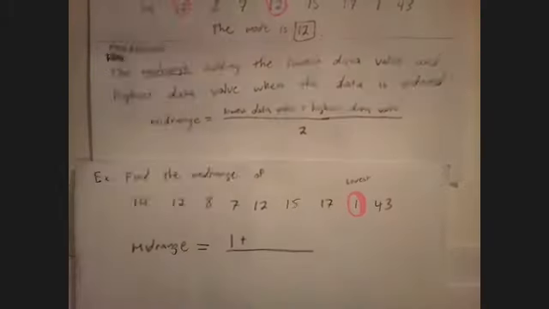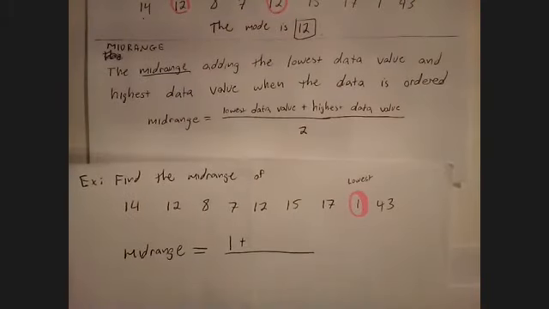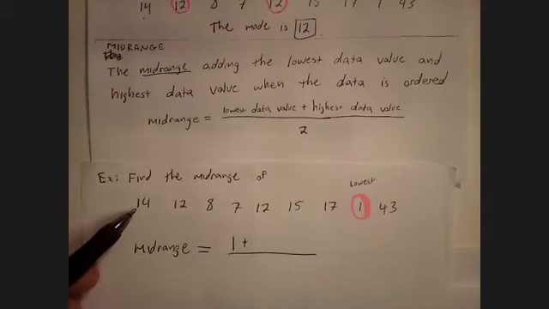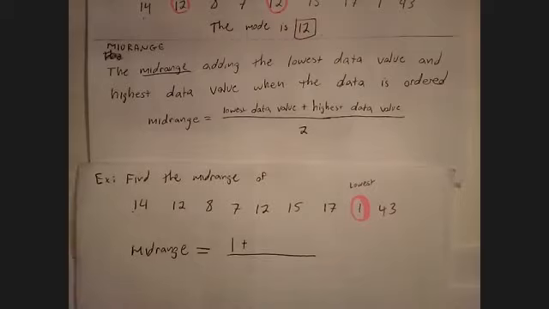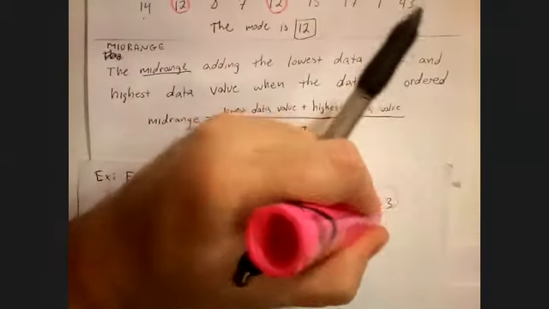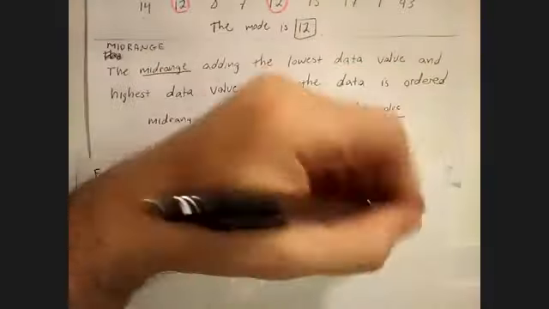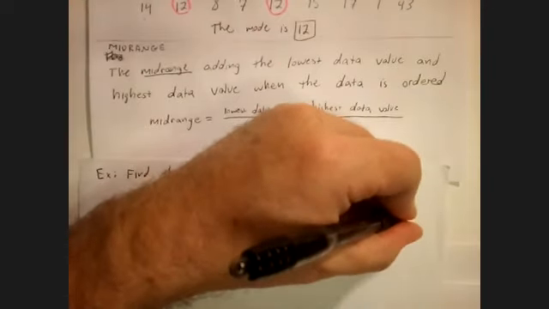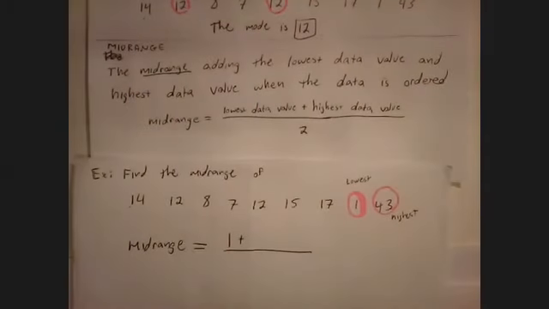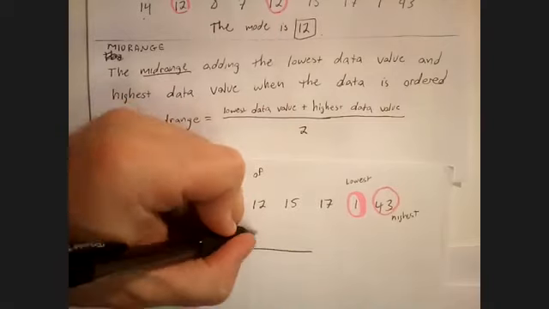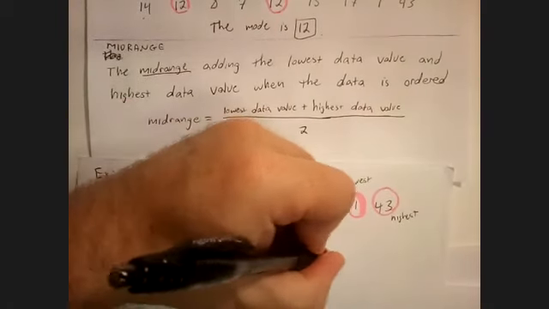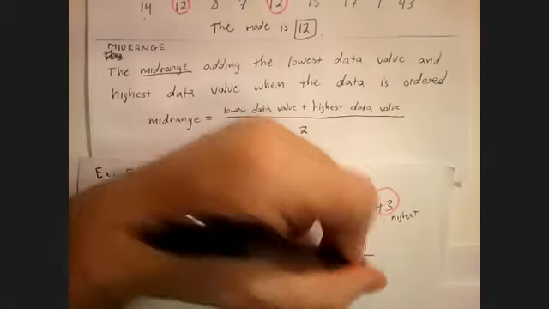So 1. Let's see, what's the highest? Well, the highest is at 14, no. The highest is right next door at 43. So 1 plus 43 over 2, that's 44 over 2.